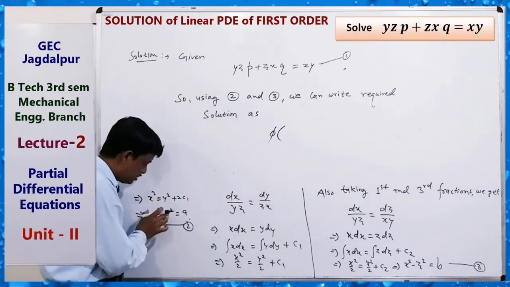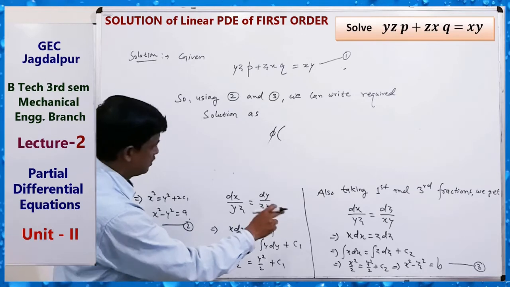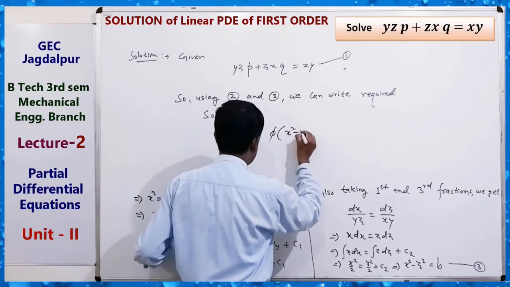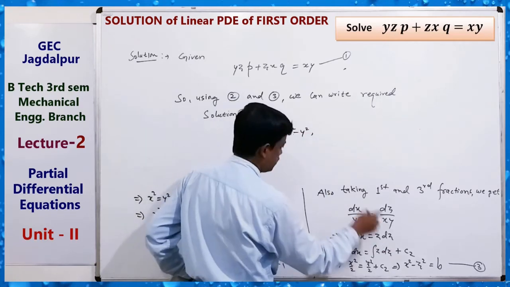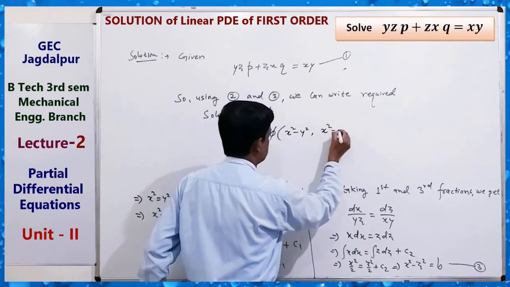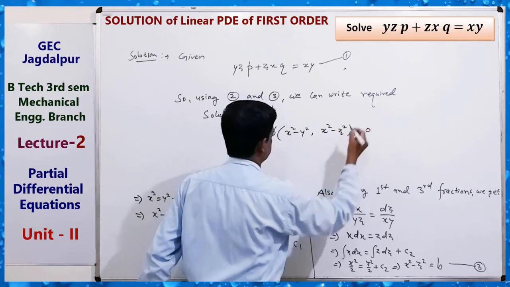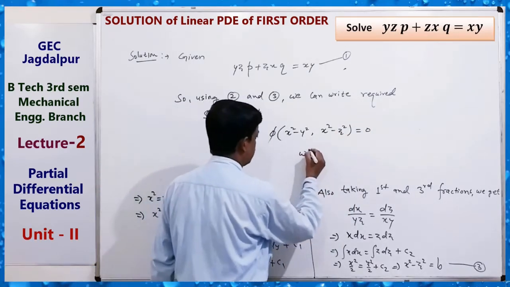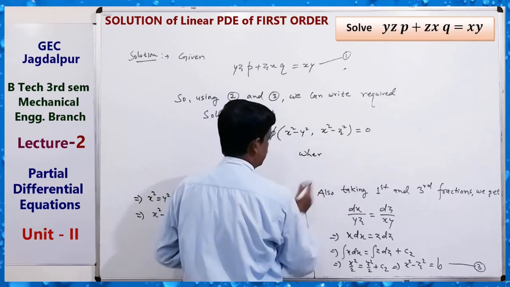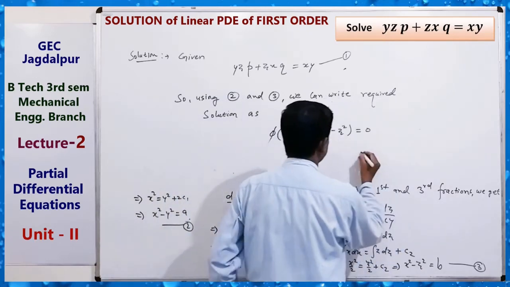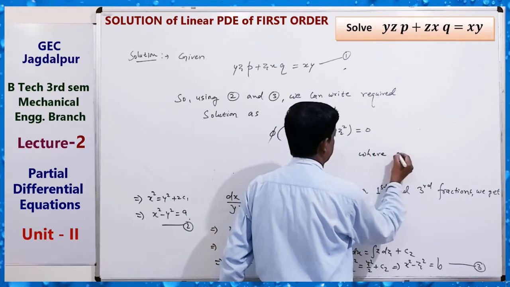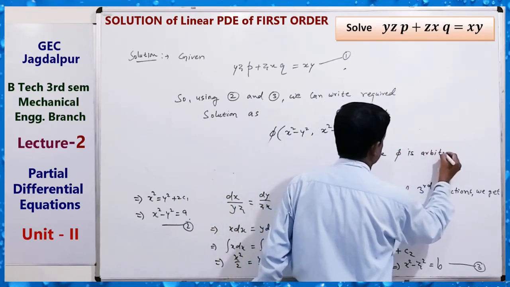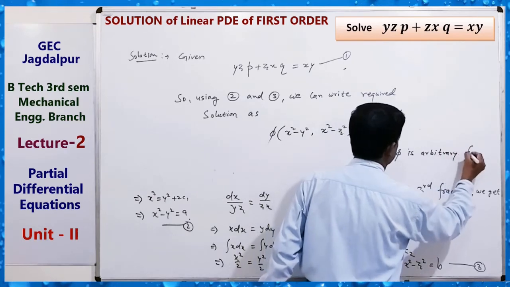That is, u means x square minus y square, v means x square minus z square, equals 0. We can write the solution like this, where phi is an arbitrary function.